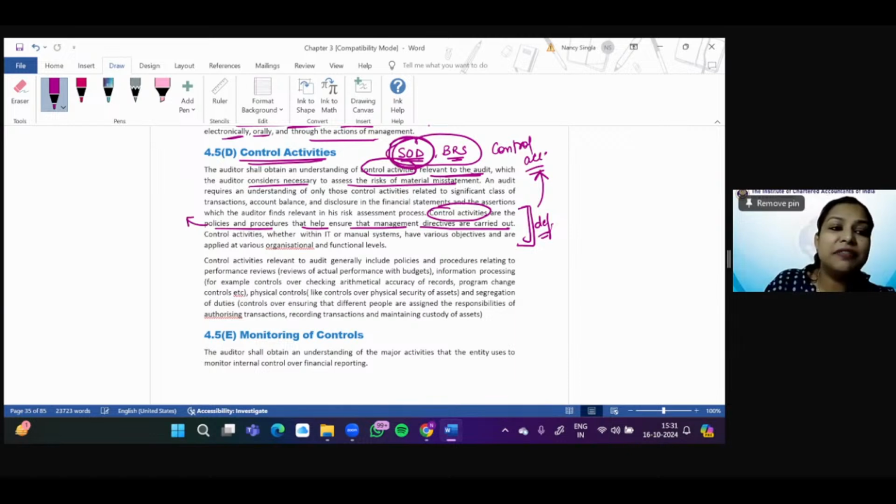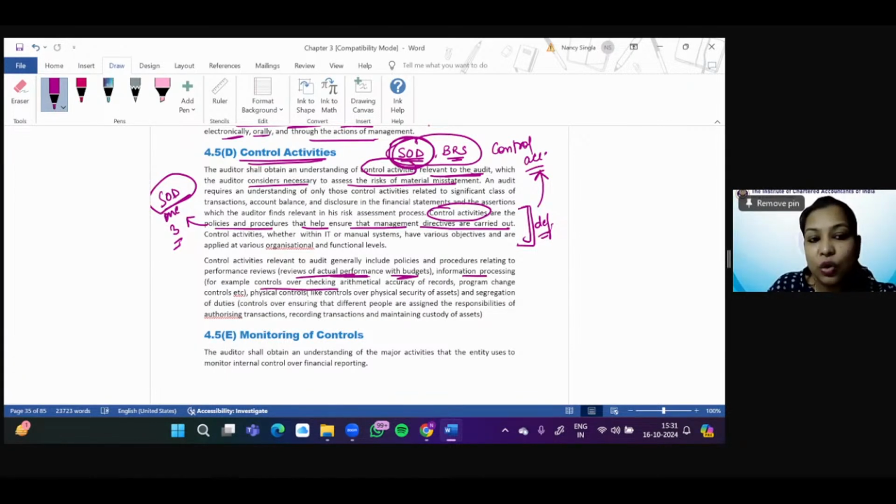Or management has given a direction that one bill will be processed by 3 persons. So segregation of duty is one of the activities which will be followed, right? Another example can be comparison of your actual performance with the budgets. This is again another control activity. Information processing, that is controls over arithmetical accuracy of records, program control. Physical controls, controls over physical security of the asset, and segregation of duty. So these are control activities.